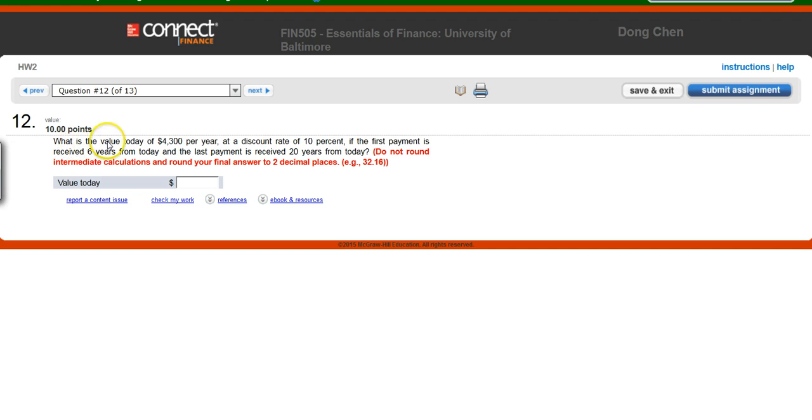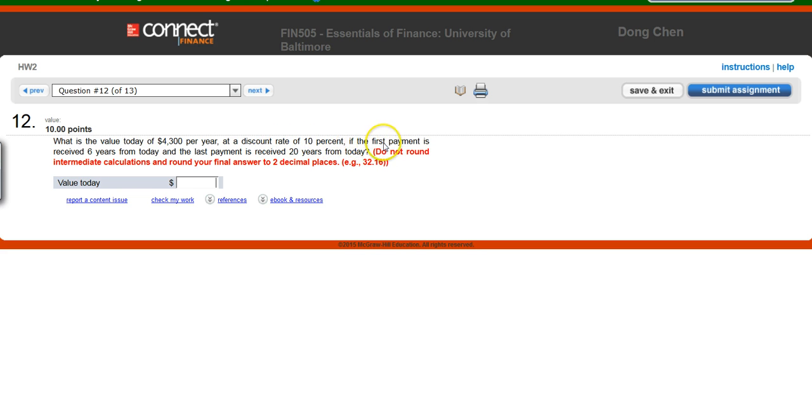What is the value today of $4,300 per year at the discount rate of 10%? And we said that if we are calculating the present value, the interest rate can also be called the discount rate. So by reading this, you should understand the interest rate is 10%.